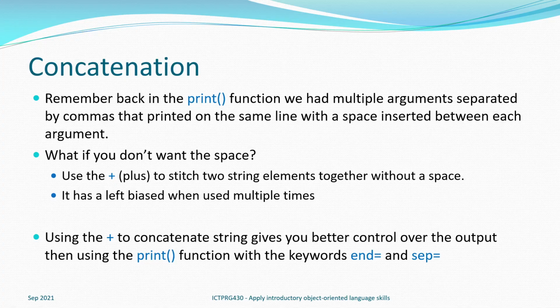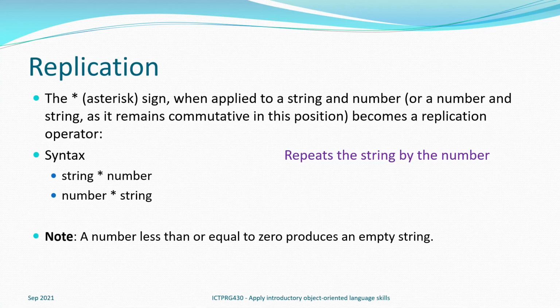So we can do interesting things by using a combination of the plus to stitch things together, as well as our separators and end keywords within the print function. So within that, think about how things are going to display.